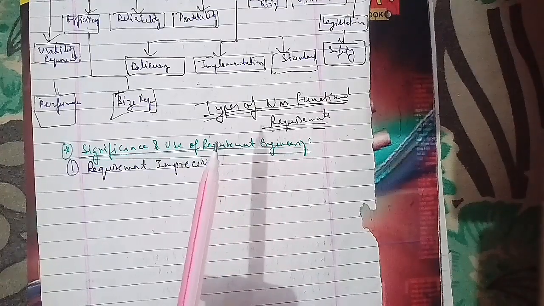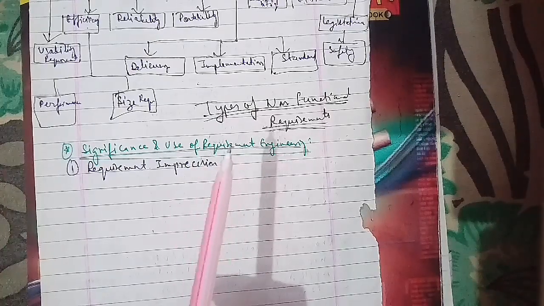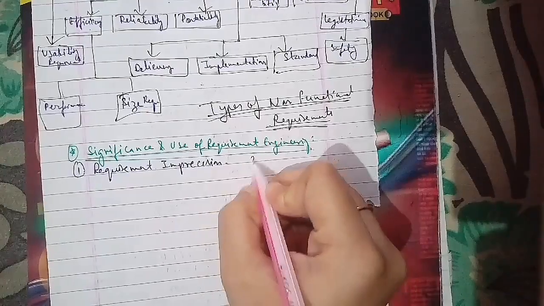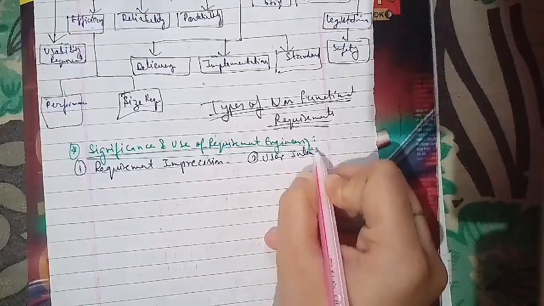Second is the user intention. In terms of user intention, it is a special purpose viewer for each different document type.